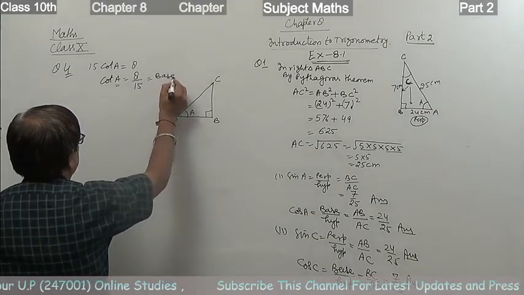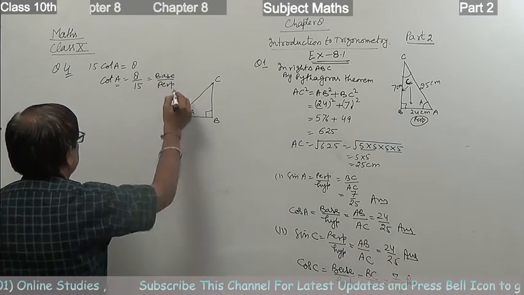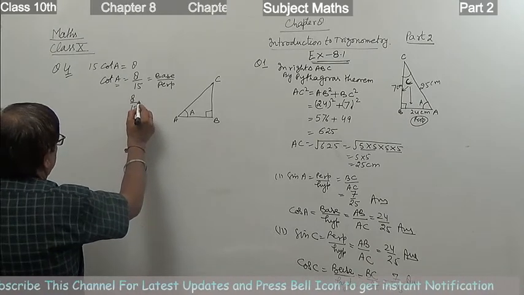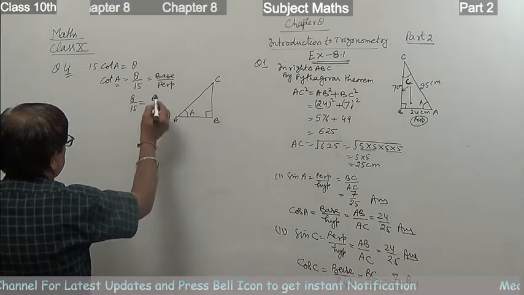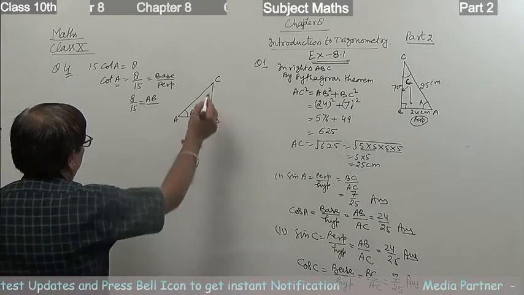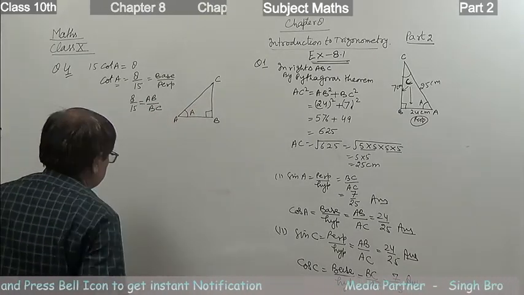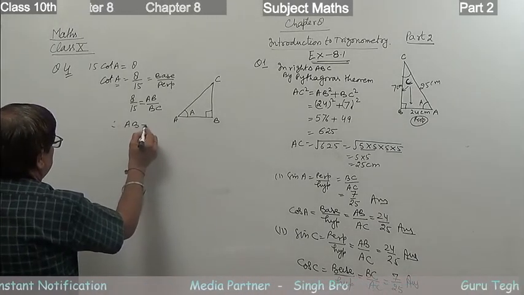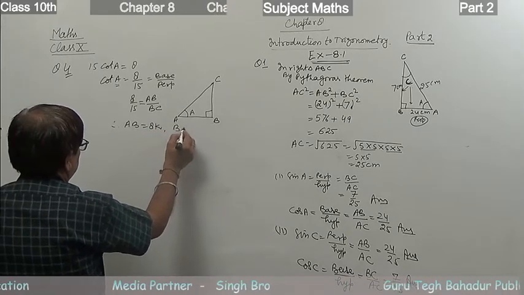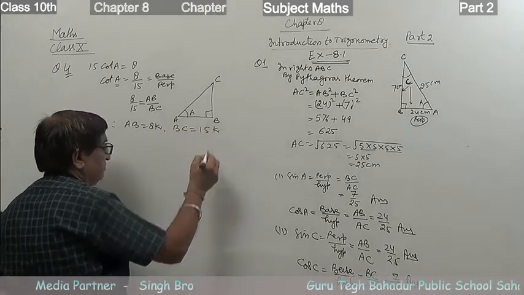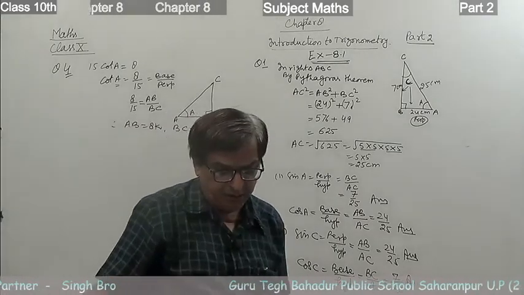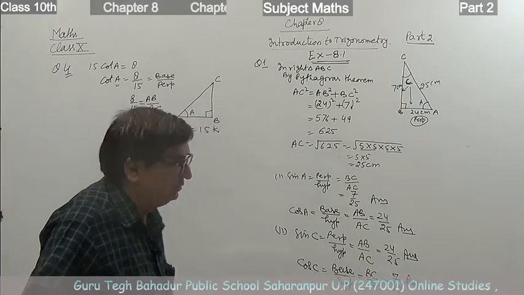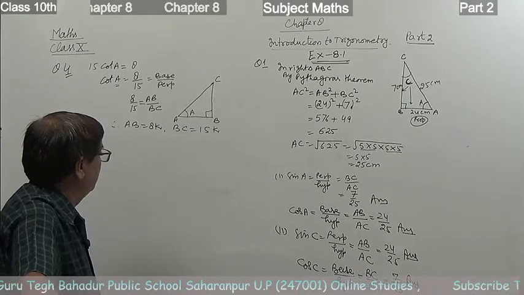So 8/15, base is AB, perpendicular is BC. So therefore AB is 8K, BC is 15K. Because these are trigonometric ratios, when we take the value, that will be in multiple form of K.